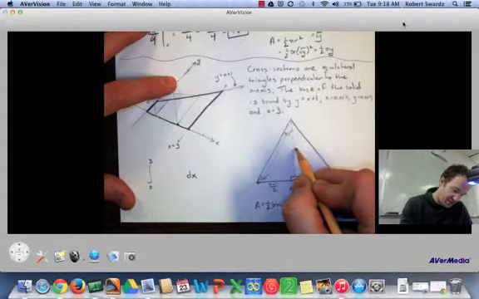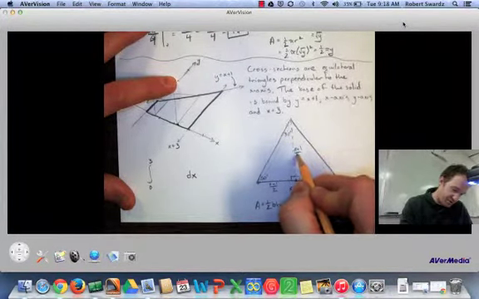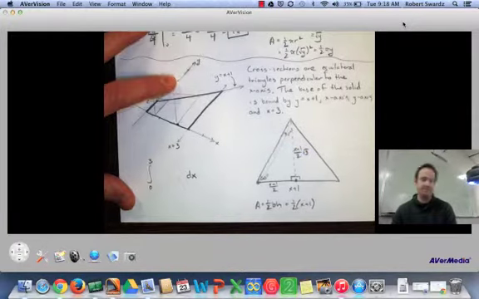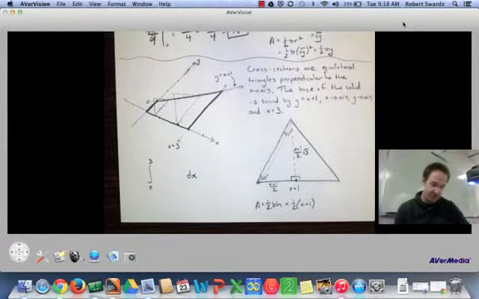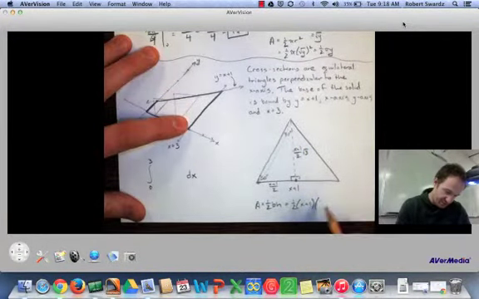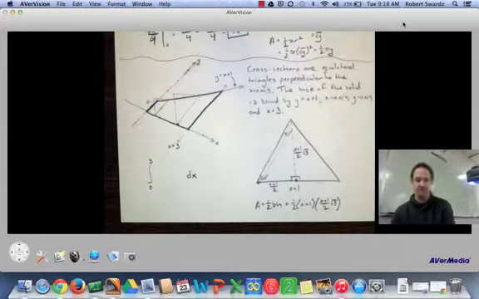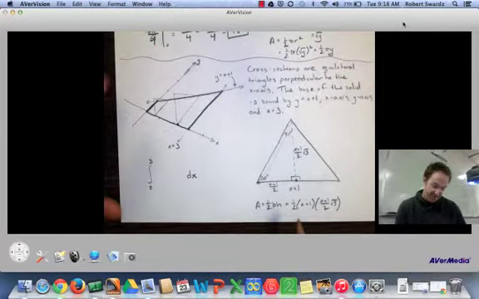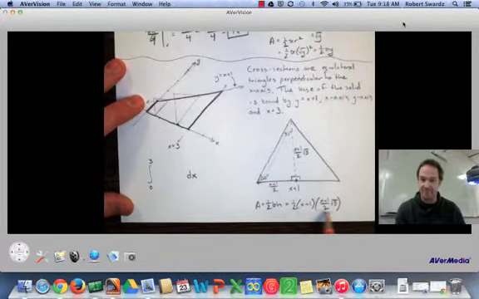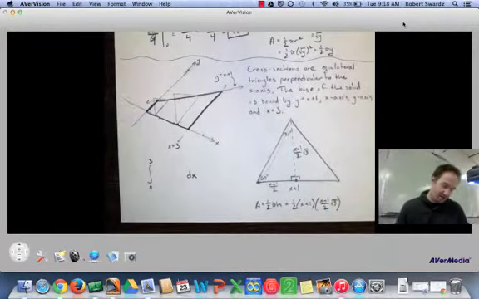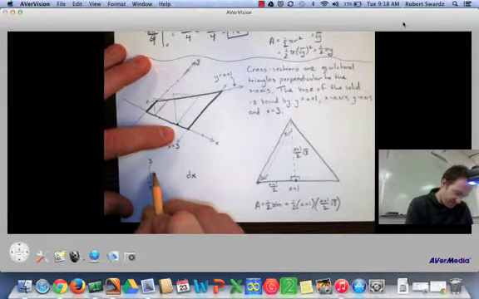So this is x plus 1 over 2 times the square root of 3. And that's the height of the triangle. So we've got x plus 1 over 2 times the square root of 3. 1/2 base times height. And there is the area of our cross section there.